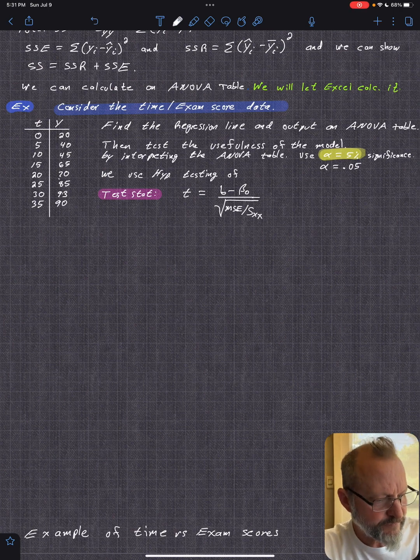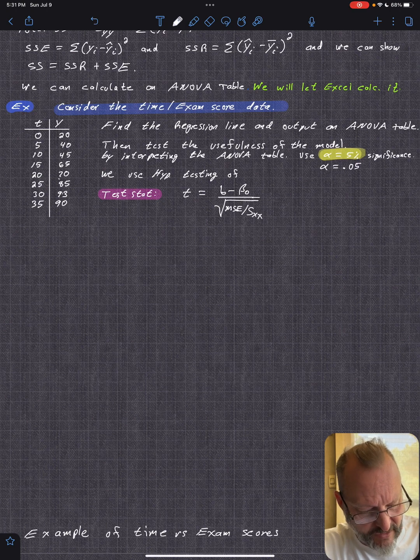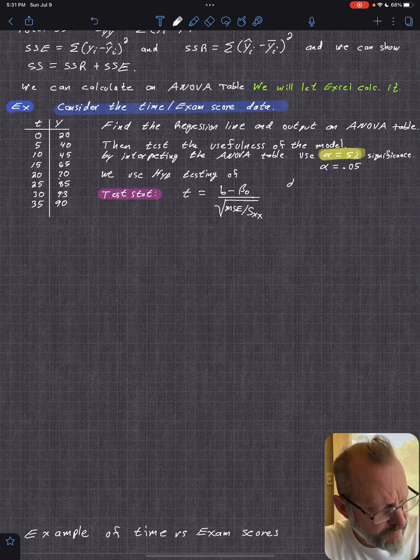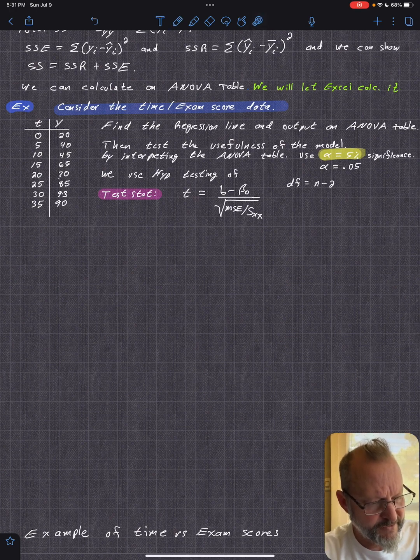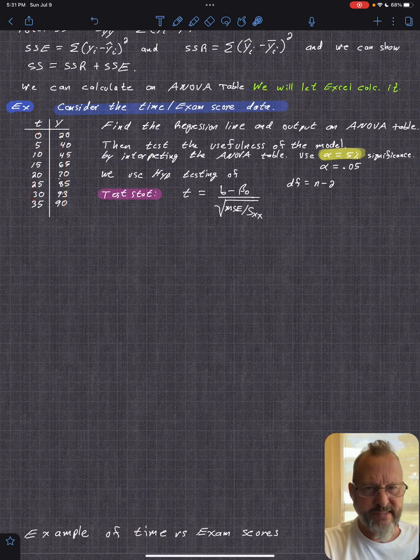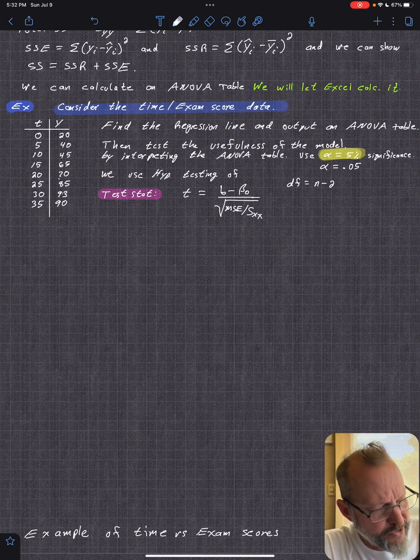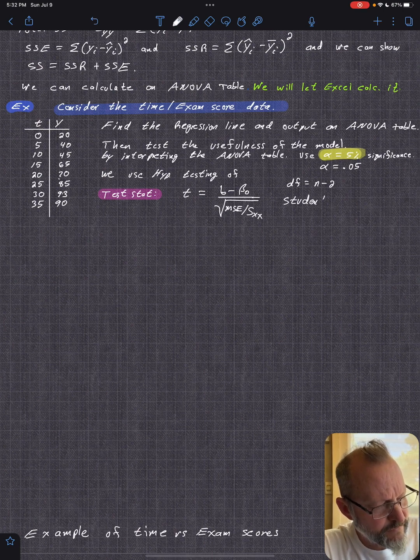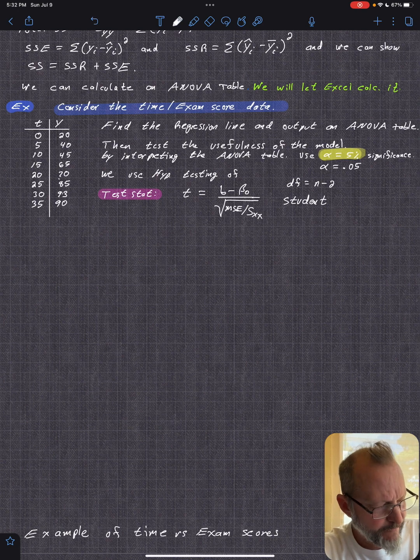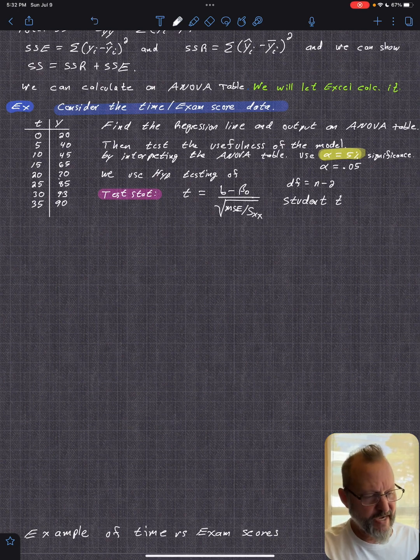Again, we'll let someone else do that. The degrees of freedom is n minus 2, basically because you have two samples, the x and the y, so you subtract 2. Won't get into the theory. And we use the student t-test.